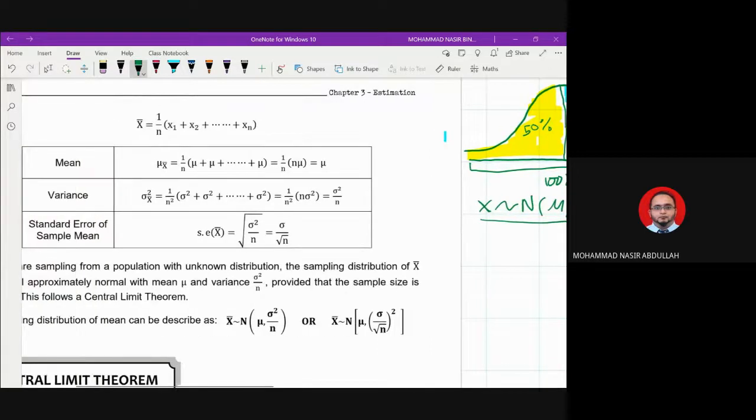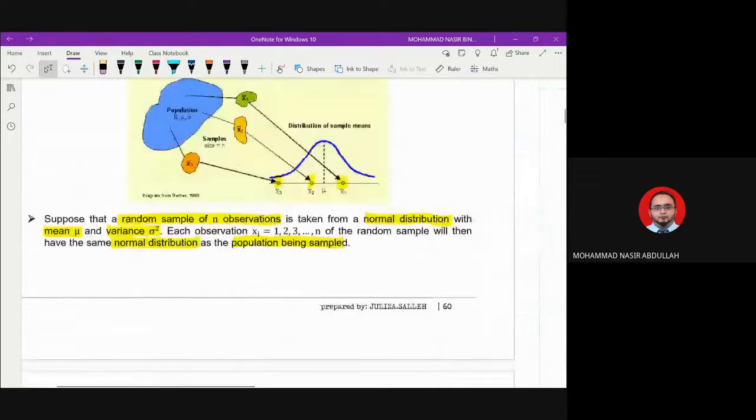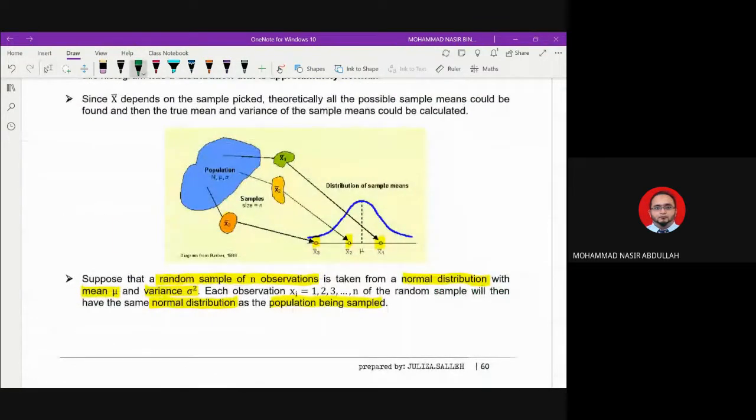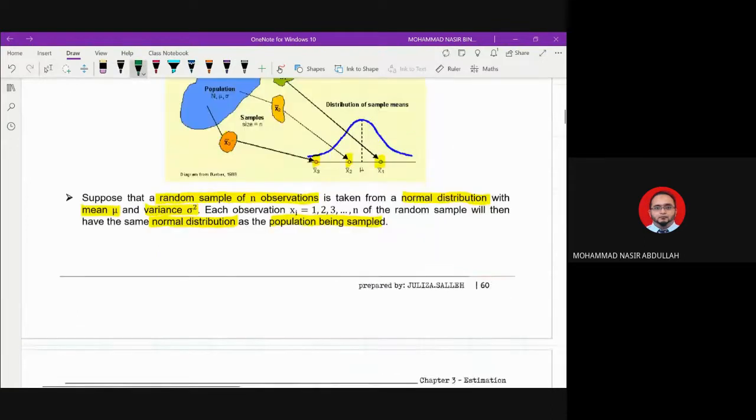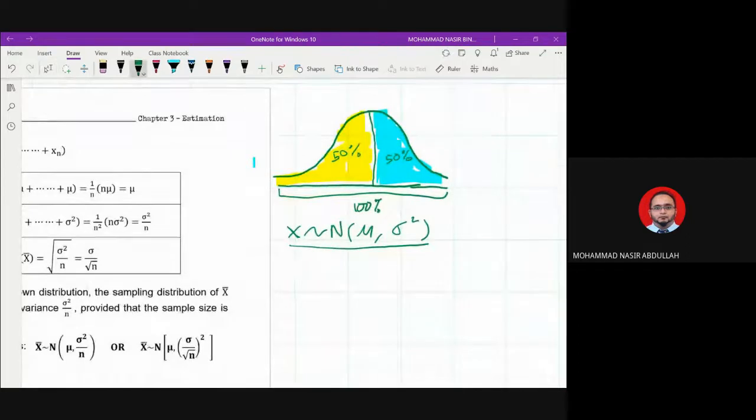So when we take several samples, right? Several samples like this. Macam ni, kita ambil banyak sampel, mean 1, mean 2, mean 3. So now it will become a sampling distribution. So normal sampling distribution. So dia stay dalam normal distribution. So dekat sini the parameters involved for the sampling distribution will be mu, which is mean, and the standard error.